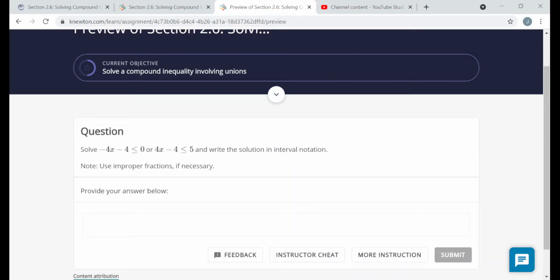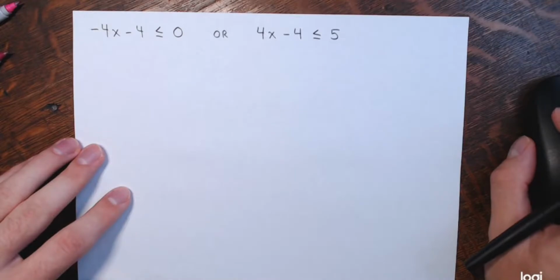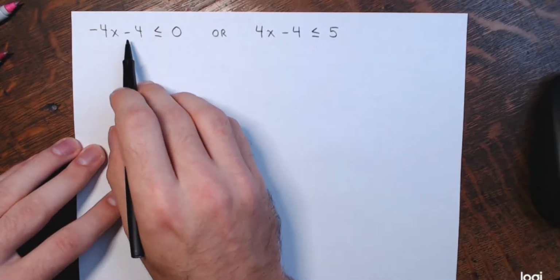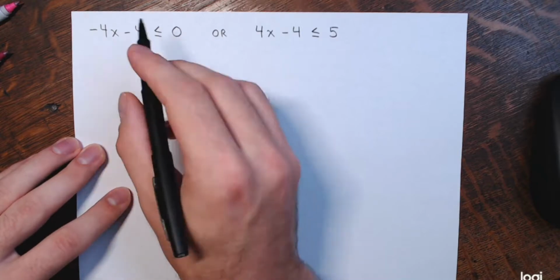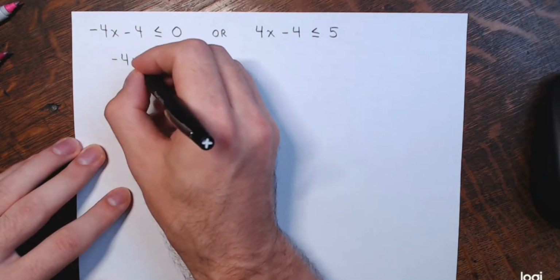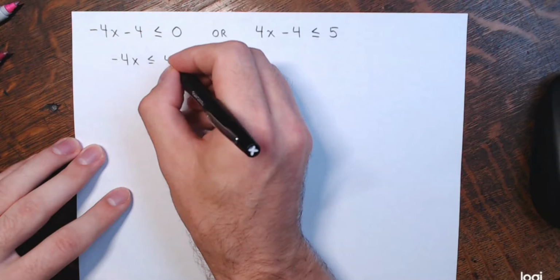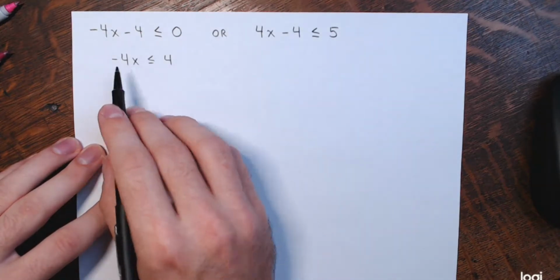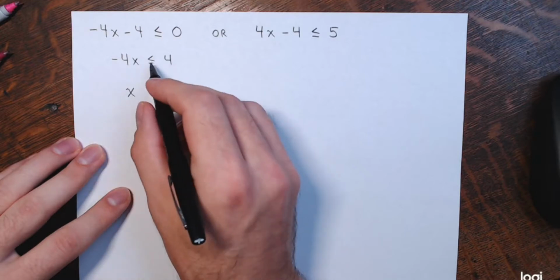Alright, so just like before, I'm going to write this out in a picture and do it for you. So solve each one individually. This first one I would add 4 first, giving me -4x is less than or equal to +4. Then I would divide both sides by -4. And that would flip the symbol.